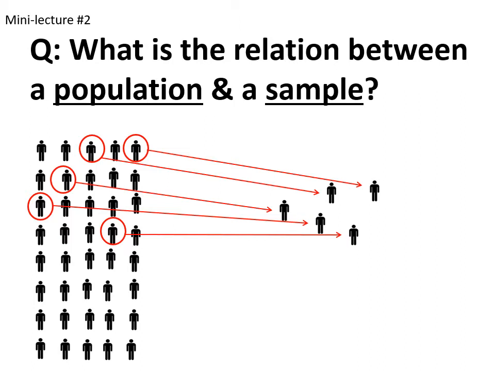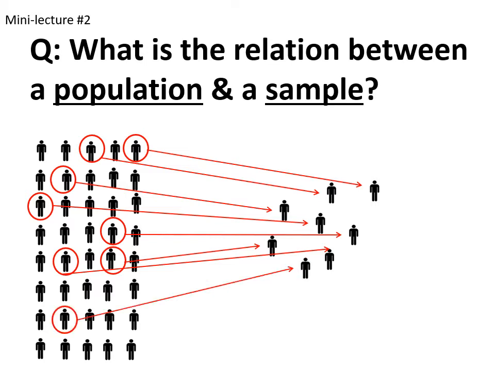If we take 3 more, then we have a sample of 5 people from a population of 40. There's 2 more, so there we have a sample of 7 people from a population of 40. There's an 8th person, so there's 8 of the 40 people.